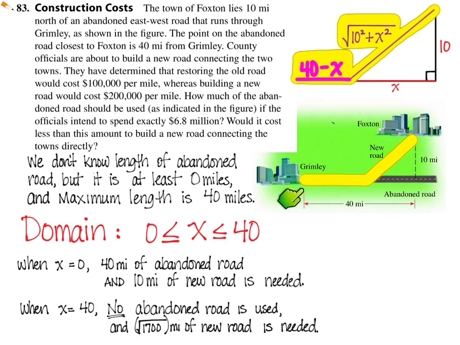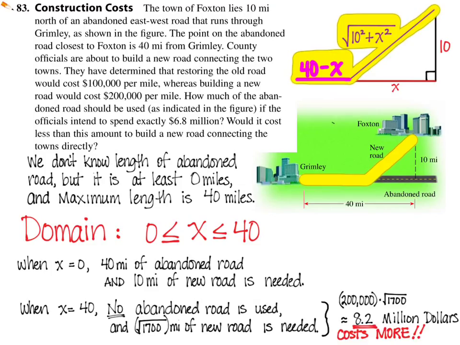Well, then it would be a straight right triangle, and it would be that entire hypotenuse, which would be the square root of 1,700. And we can figure out that cost because it's a brand new road, so it would be $200,000 times the length of that new road, which means if we didn't use any of the abandoned road at all, we would be spending $8.2 million, which is more than what we want to spend.